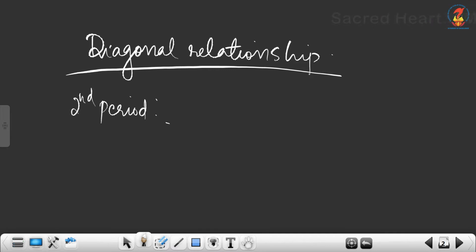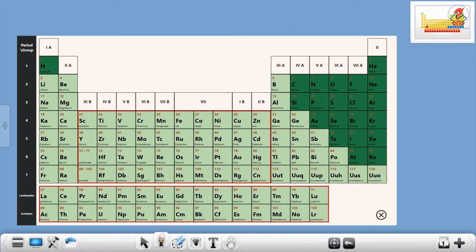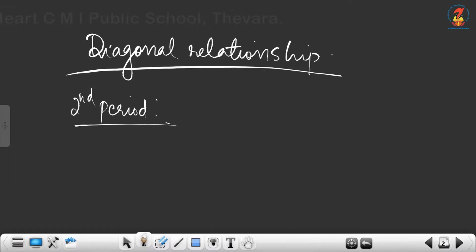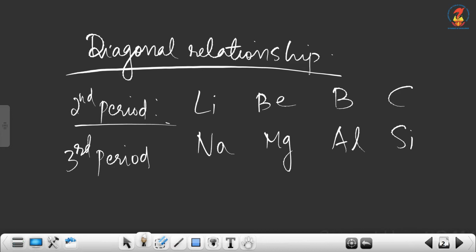In the second period we have the first element of each group, that is lithium, beryllium, boron, carbon, nitrogen, etc. I am going to write from the second period lithium, beryllium, boron, carbon, and I am going to write elements from the third period lying just below these. Under lithium we have sodium, beryllium, magnesium, boron, aluminium, carbon, silicon. So these elements are in the third period and these are in the second period.